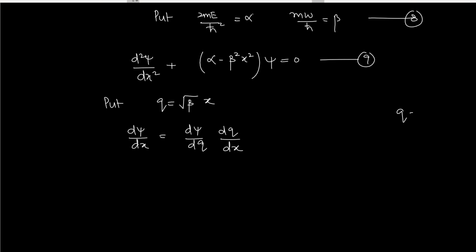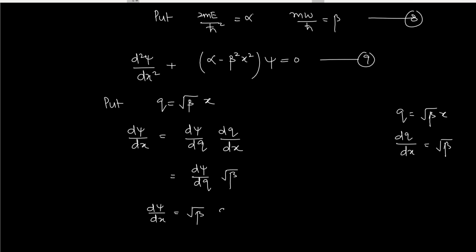As q is equal to root beta x, dq by dx is equal to square root of beta. So d psi by dx is equal to under root beta d psi by dq.